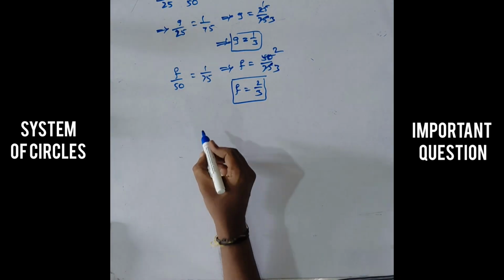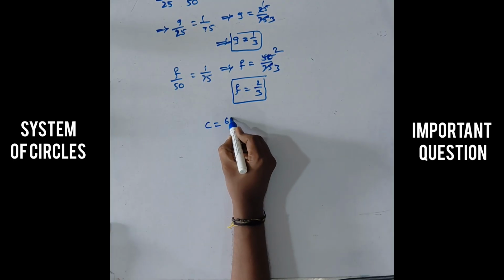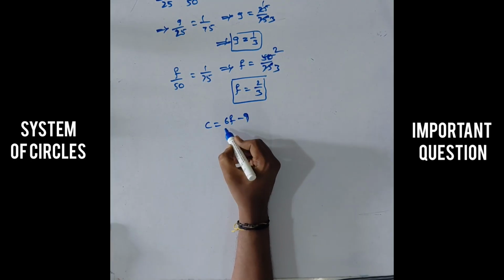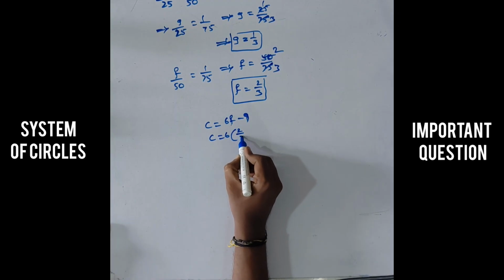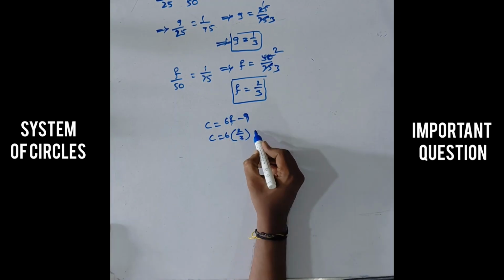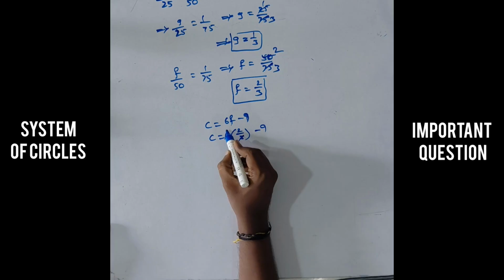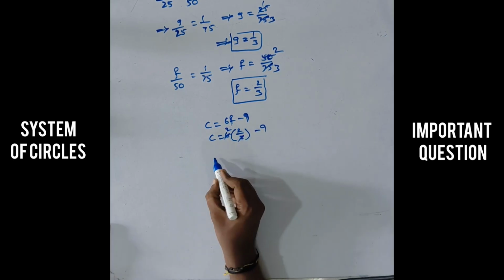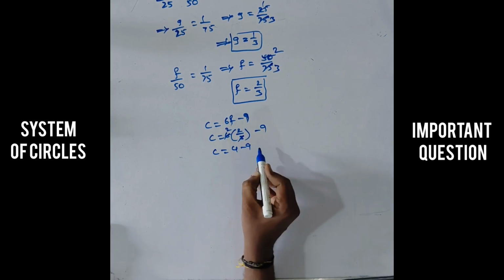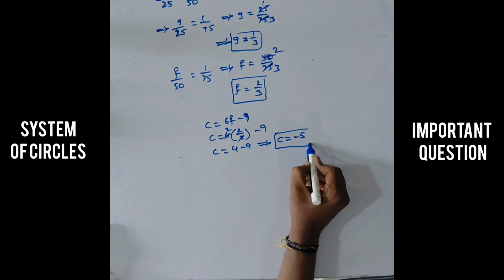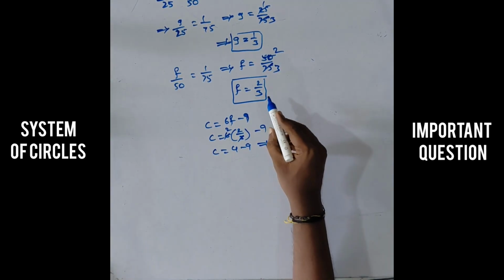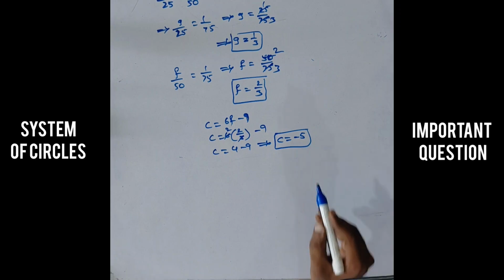If you want the c value, c = 6f - 9. Substituting the f value: c = 6(2/3) - 9 = 4 - 9, so c = -5. So g = 1/3, f = 2/3, c = -5.